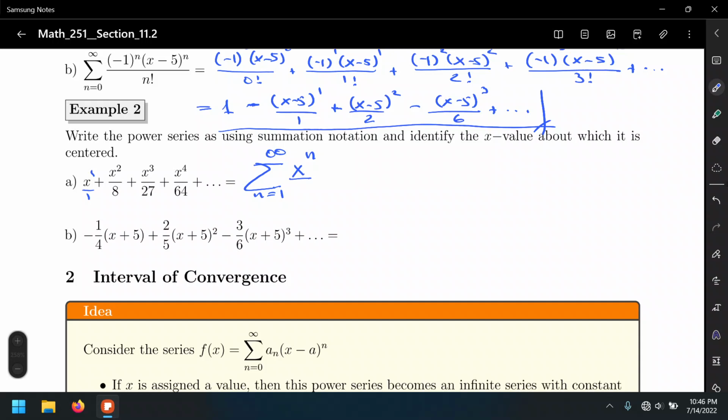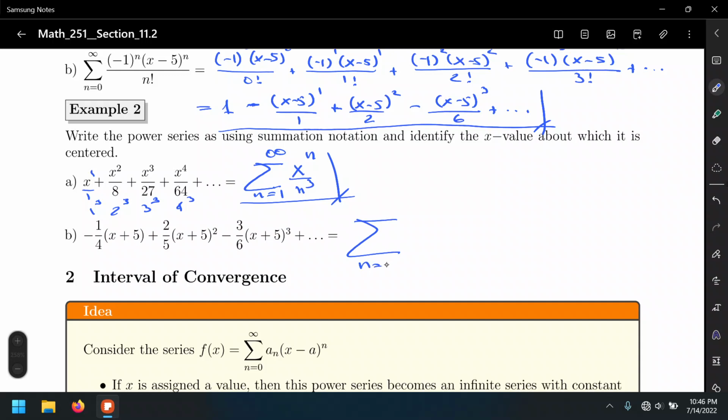Does that look familiar? Doesn't that look like the sequence of cubes? That is 1 cubed, 2 cubed, 3 cubed, and 4 cubed. Those are the numbers in the denominator. So that's an n cubed, and that's the series in sigma notation. Let's look at the next example.